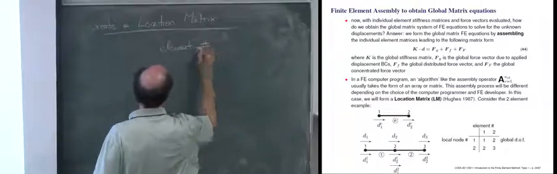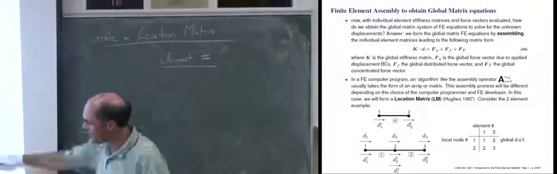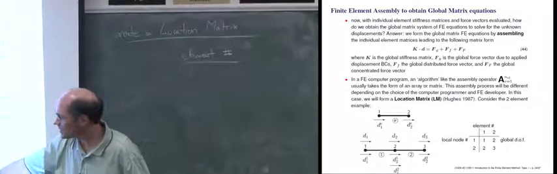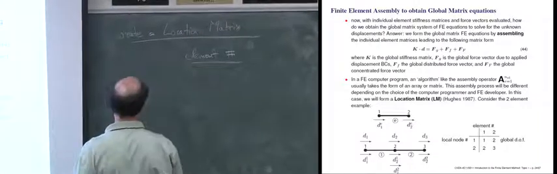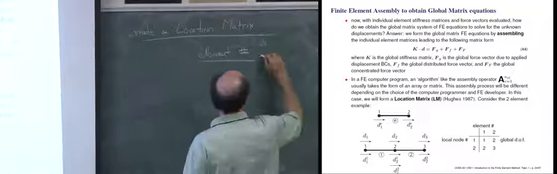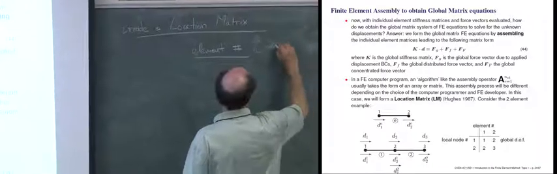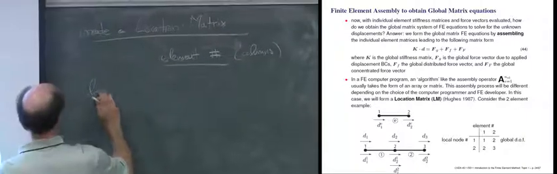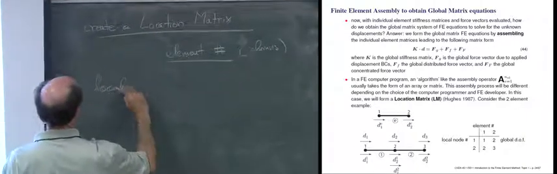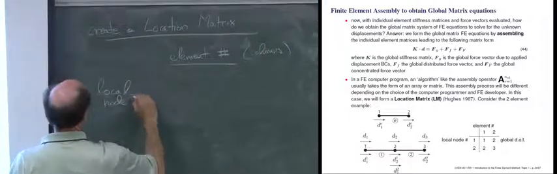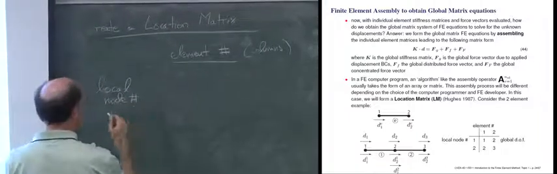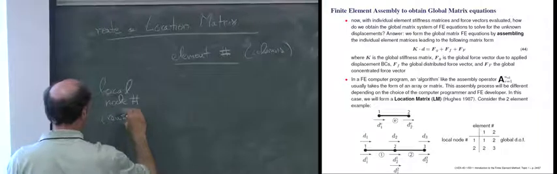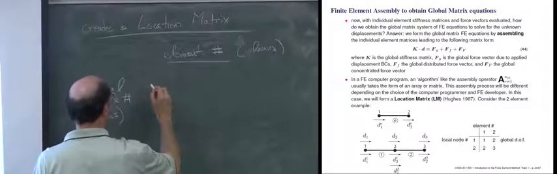So the element numbers are the columns, and the local node numbers are the rows of the matrix, indicating the rows.